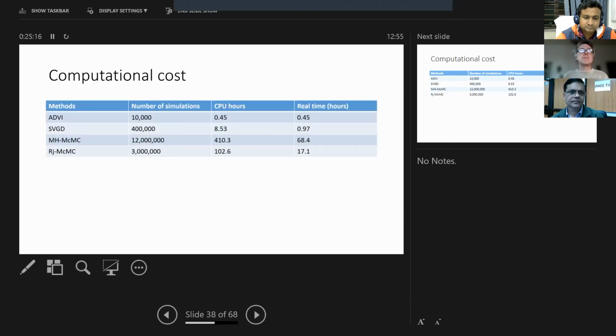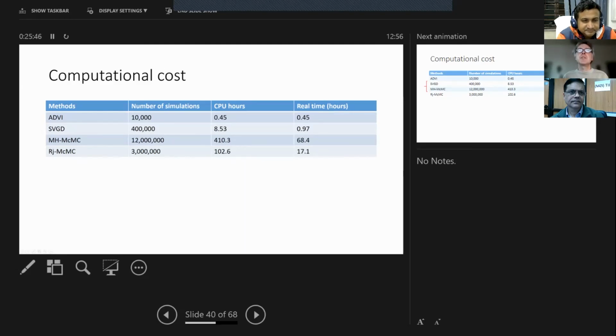Just to sum up then, let's look at the computational cost. The Monte Carlo method, the Metropolis Hastings one, took 12 million simulations. The reversible jump method took 3 million, but that's come up with a very different solution. SVGD is the next cheapest, and that did reach a similar solution to the Markov chain at a substantially reduced cost.